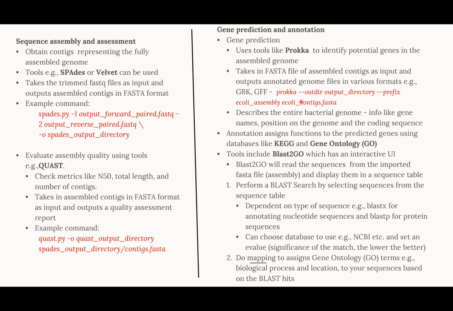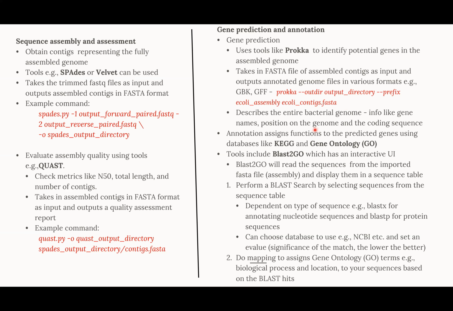Again, that is the command that you will run, specifying your output directory and your input file. This enables us to get information like gene names, the position of the gene on the genome, and the coding sequence. Those are the components of the GFF file.